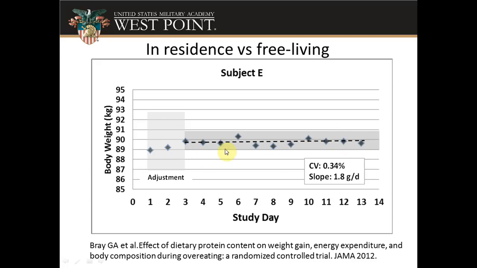So they were provided to them, and there's very little fluctuation in those body weights, about 1 kilogram of fluctuation. Keep that in mind, because a kilogram's about 2.2 pounds. So there's not much fluctuation in that body weight, and that really tells us kind of what weight stability should look like, plus or minus 1 kilogram.